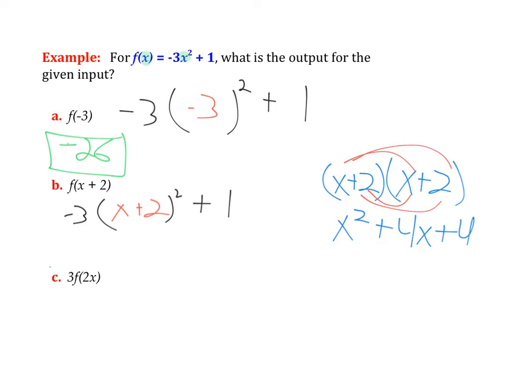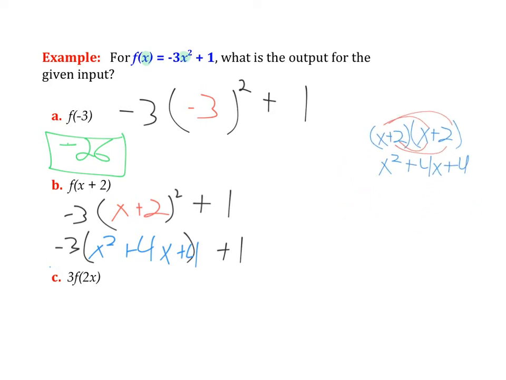So this is really saying -3 times this whole mess of x squared plus 4x plus 4, plus 1 at the end. When I do all of that, I will get -3x squared minus 12x minus 11.